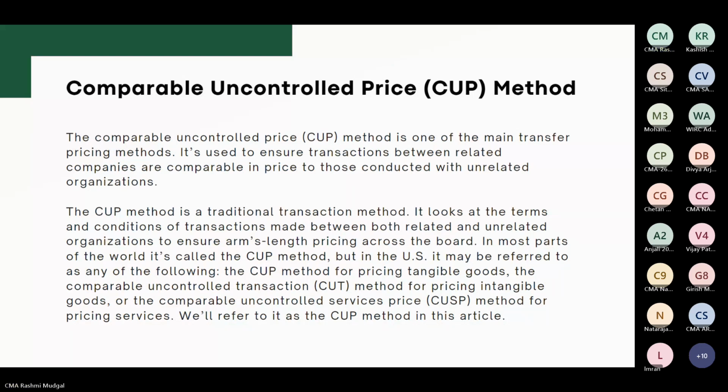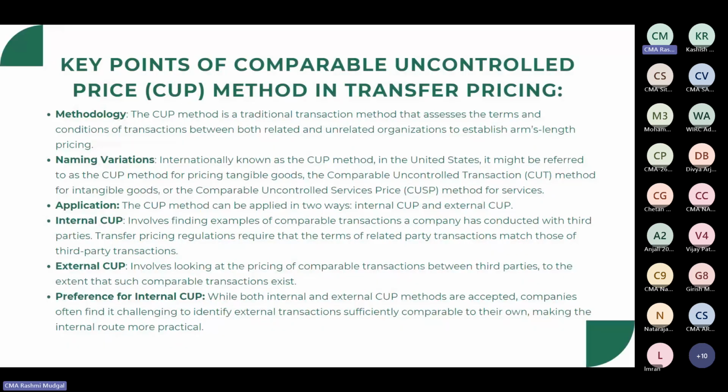We'll later refer to the CUP method as in the article I am looking into. The comparable uncontrolled price method is the one for transfer pricing. It is used to ensure the transactions between related companies are comparable in price to those conducted with unrelated organizations. So, key points we need to think about before going for the CUP method.